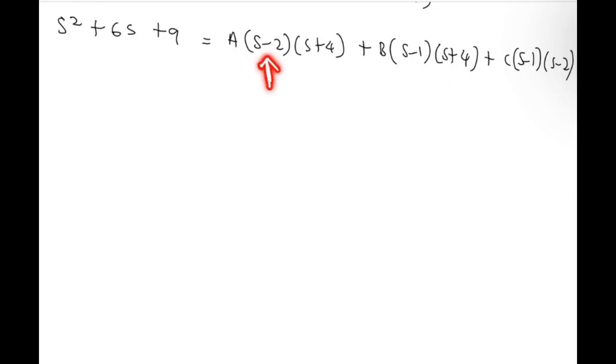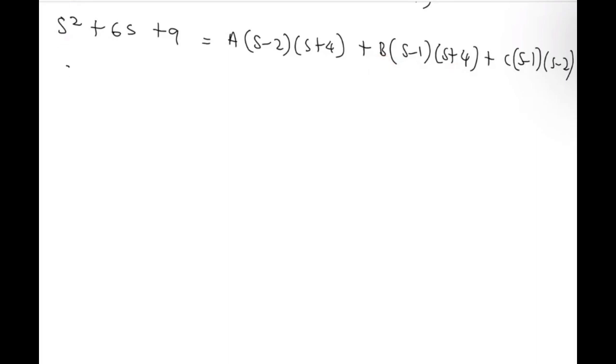So let's take s equal to 2. If we put s equal to 2 here, 2 minus 2 will be 0, hence A times 0 is 0. We also have s minus 2 here, so if we substitute 2, C also goes to 0. So you substitute 2 here and you can find the answer for B.